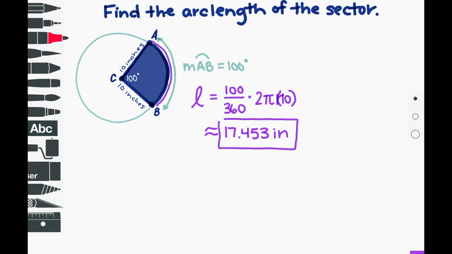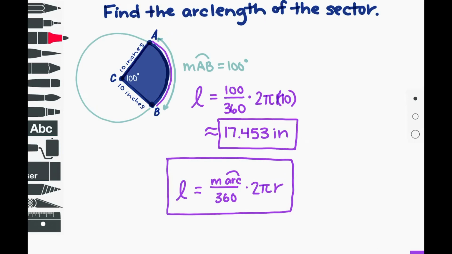You'd need a bendy ruler to measure that, but that's what that stands for. And so the formula here to find the arc length is we take the measure of the arc over 360 times 2 pi r. That's the formula you can just always use for arc length.